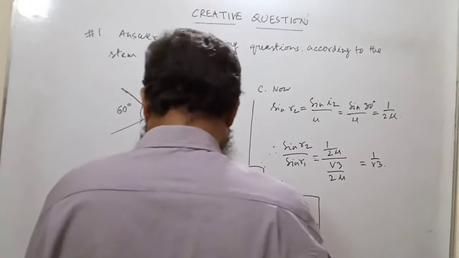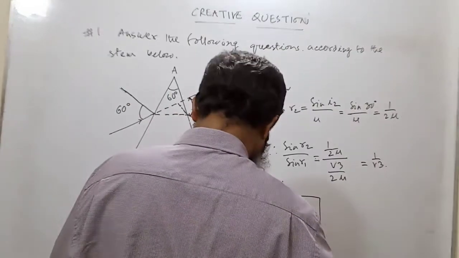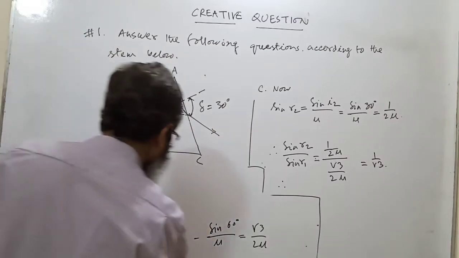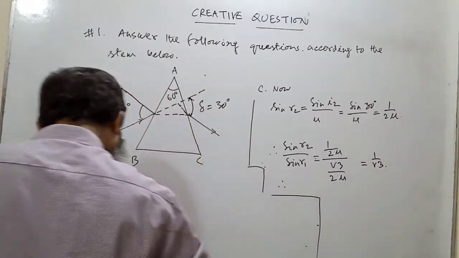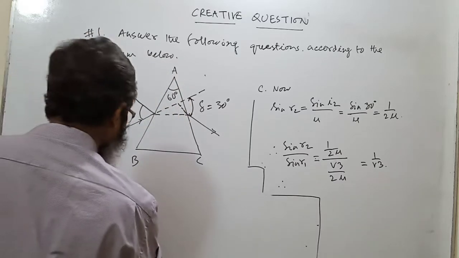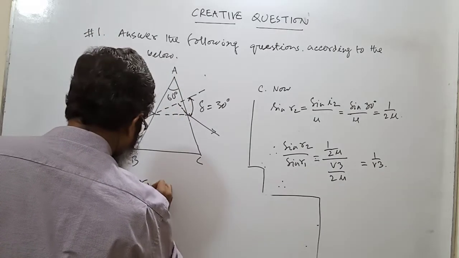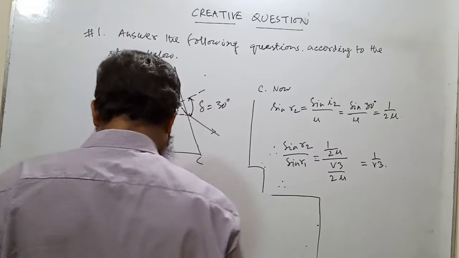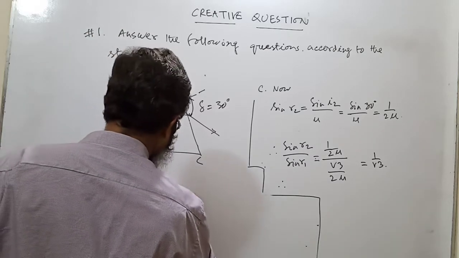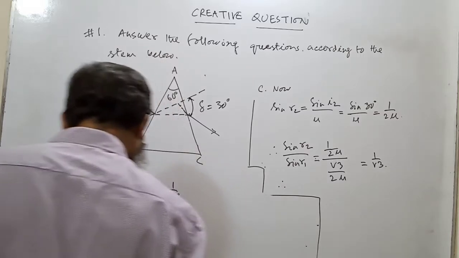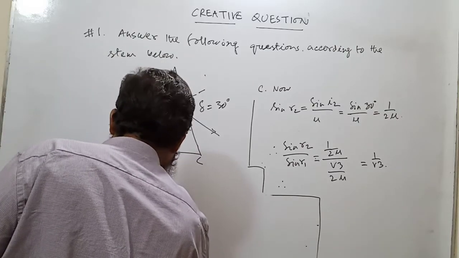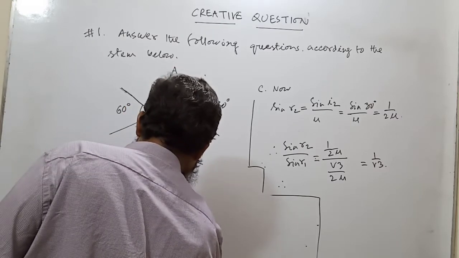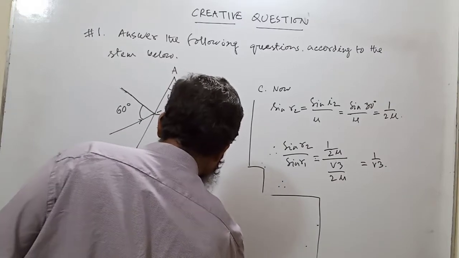Now we come here, or sin R2 by sin R1 is equal to 1 upon root 3, or, instead of R2 we can write A minus R1, so sin of A minus R1 by sin R1 is equal to 1 upon root 3.